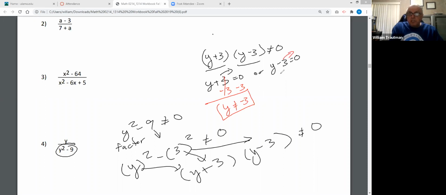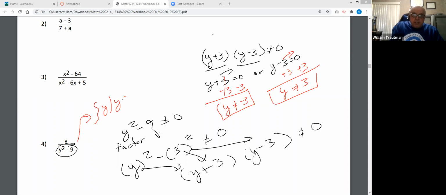And take the 3 to the other side. It's a minus 3, so I'm going to add 3. y cannot equal 3. So my domain for this problem is y cannot equal 3, or y cannot equal negative 3.